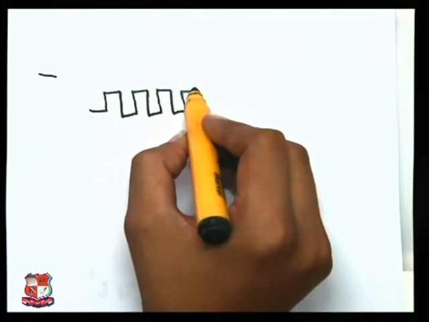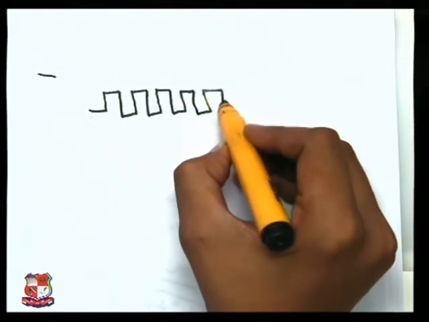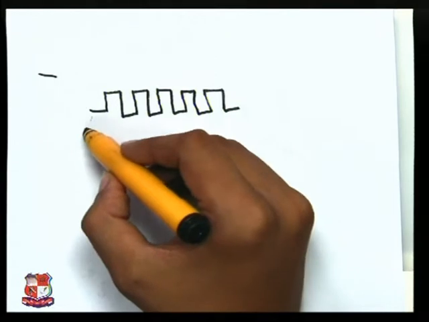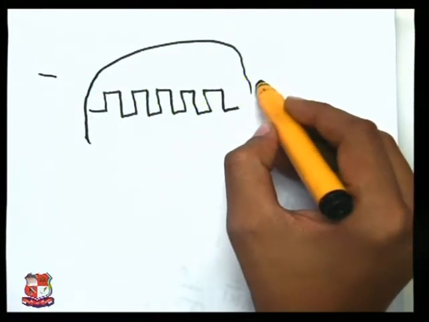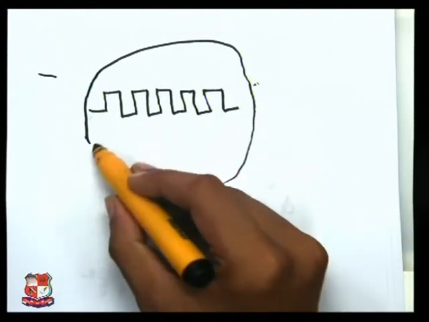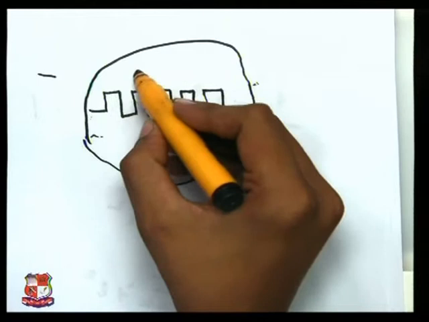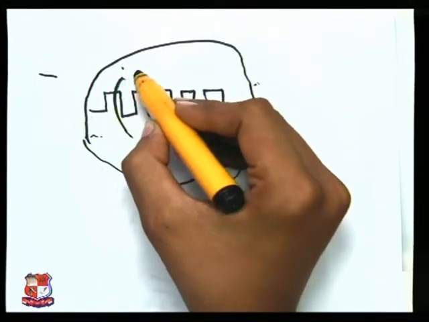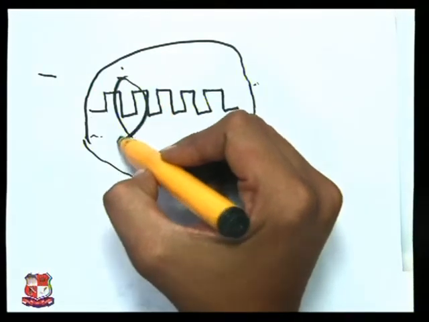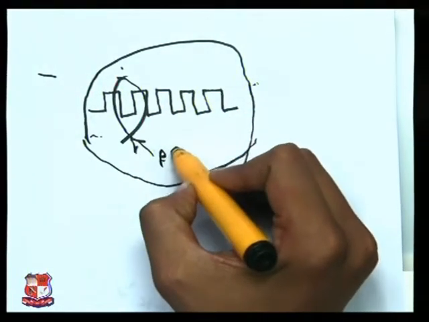You can see the square waveform which is observed on a CRO screen. What I am drawing represents a pip.